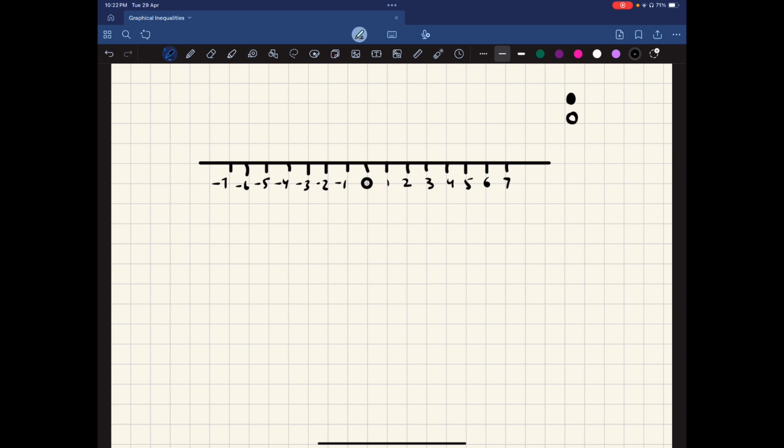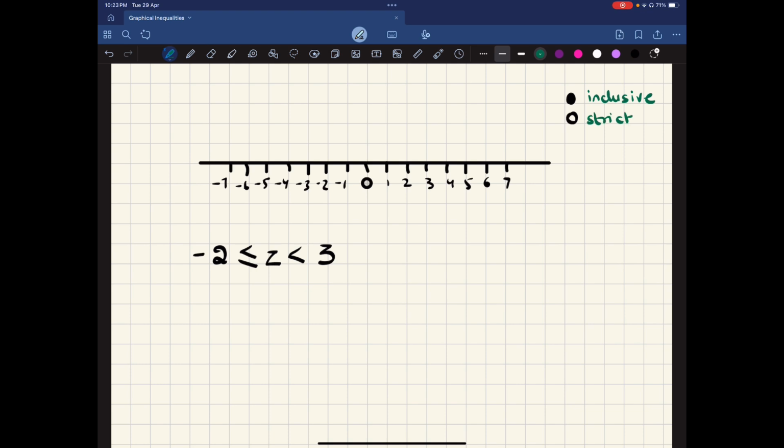Now, for example, if they ask you to represent z is greater than or equal to -2 and less than 3, let's plot this on the number line. First, we see that -2 is included, so we have an inclusive inequality here. What kind of circle are we going to have? We're going to have a filled circle. This is for inclusive inequality, while hollow circles are for strict inequalities.